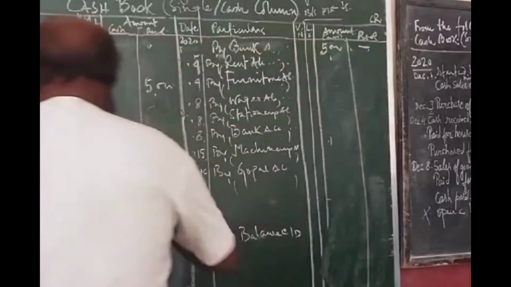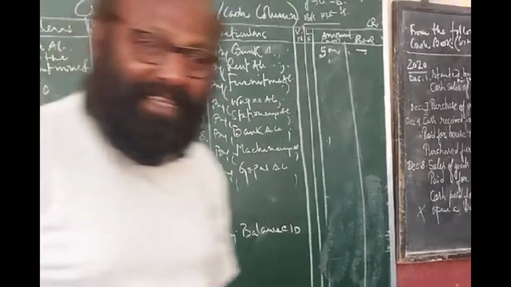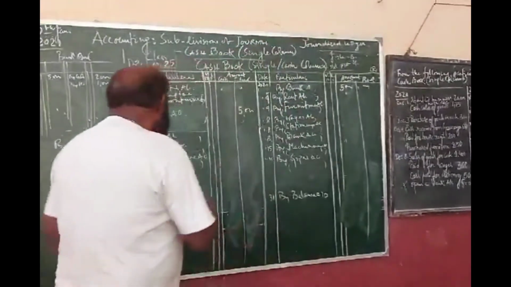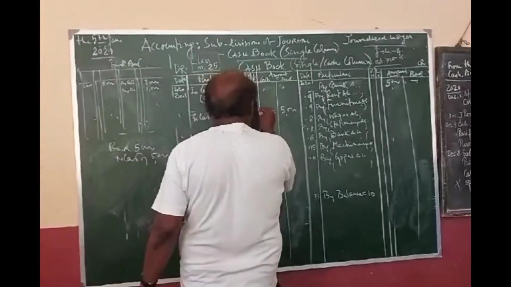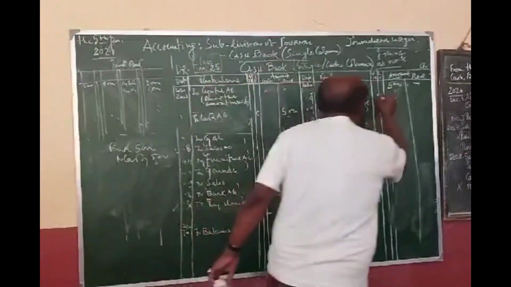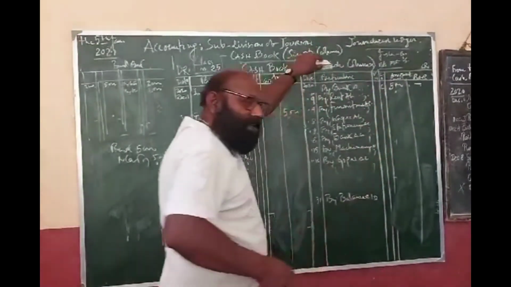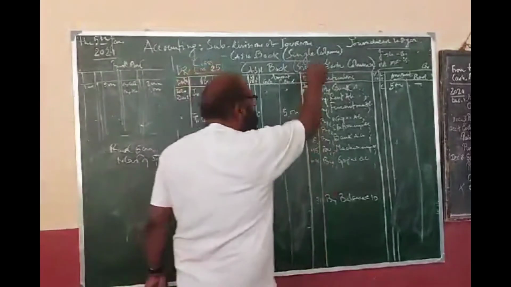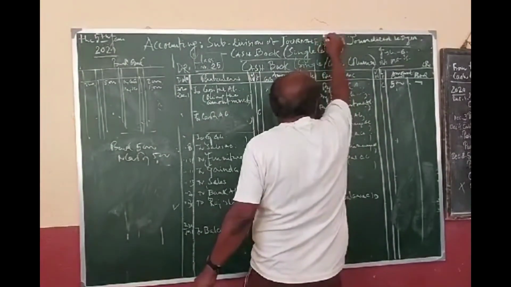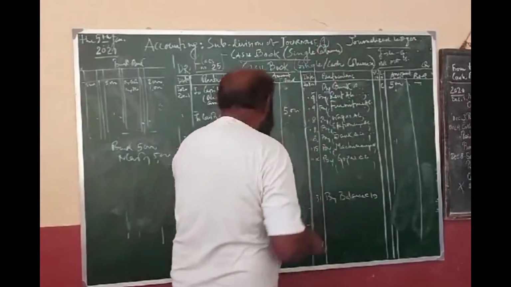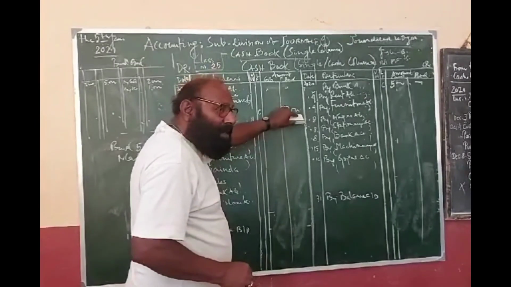Clear? So this is known as a double column cash book, or cash book with cash and bank. We are writing both cash and bank in one account, and that is why in the ledger folio we write C, contra entry. Contra entry, okay? Because it is the same folio. In the same folio, the amount is written in cash and in the bank.